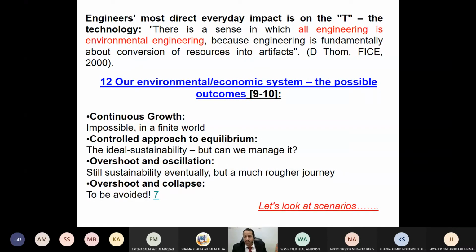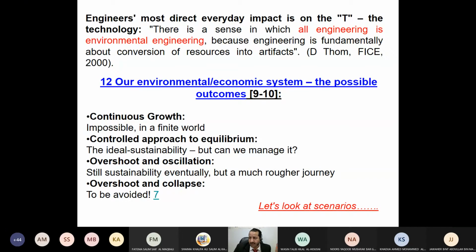But one issue before I go to the environmental and economic aspect and our systems and the scenario facing humankind and the challenges, I would like to mention that regardless of your specialty as an engineer, you are an environmental engineer because our technology, our production, our problem we solve will affect, directly or indirectly, the environment.